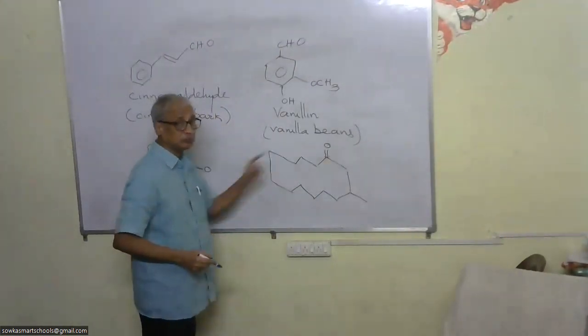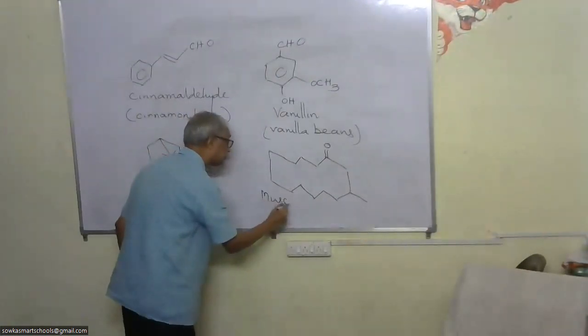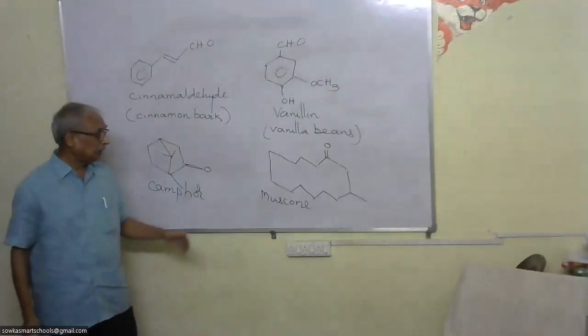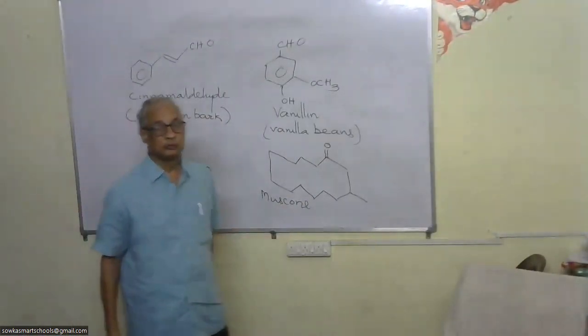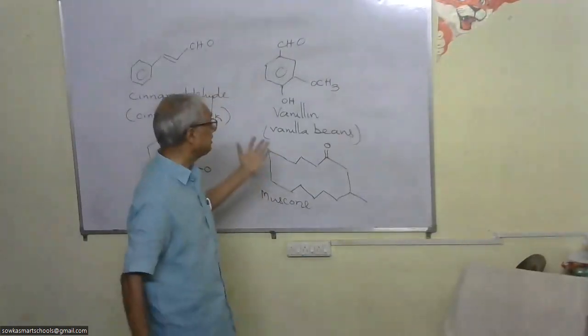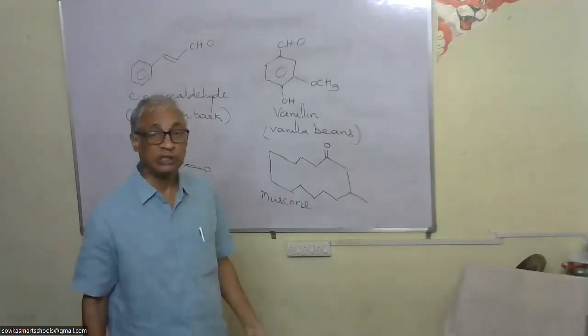This is also a ketone, and it is known as muskone, found in musk deer, and it is a good perfume. It is used as a good perfume. So, like this, we use aldehydes and ketones as natural products in our daily life.